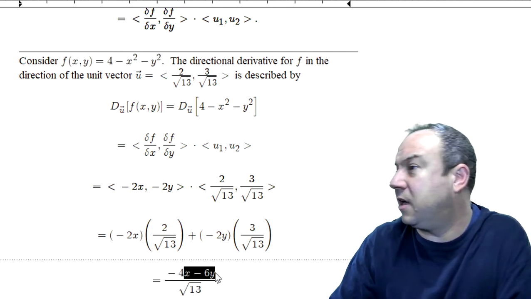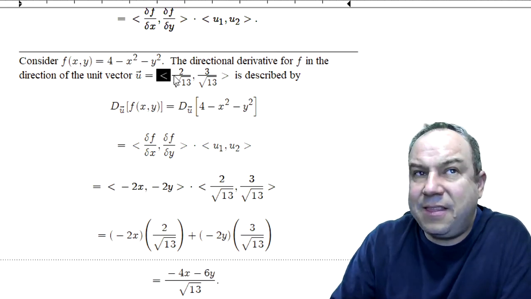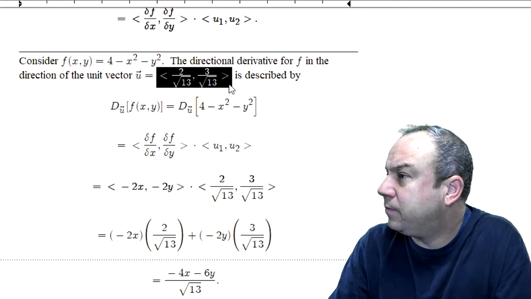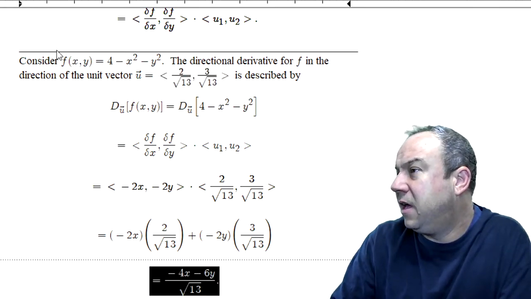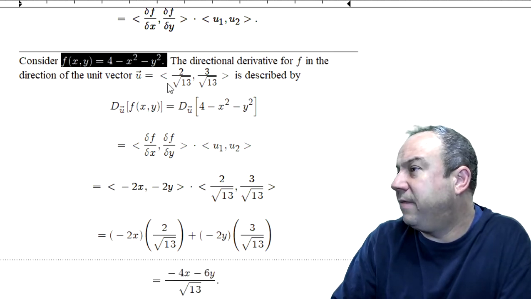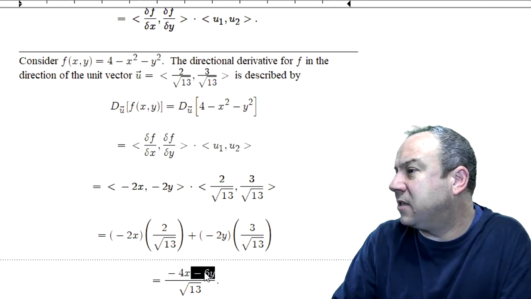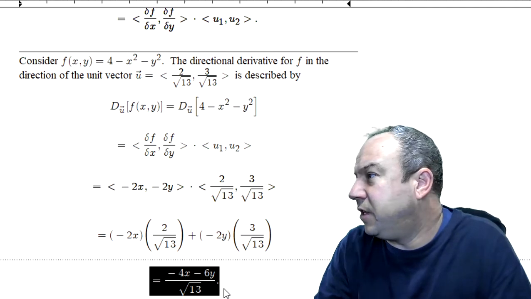Just plug them into the calculation, x and y respectively, but in the very specific direction described by this unit vector. The derivative on the surface f in the direction given by this unit vector at any xy coordinate will be described by this calculation seen here.